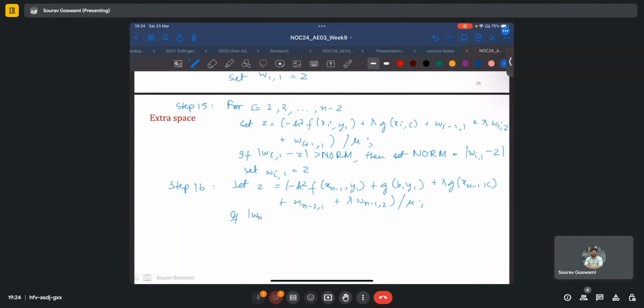If w_{n-1,1} minus z is greater than the norm, set the norm equal to it and update its value.